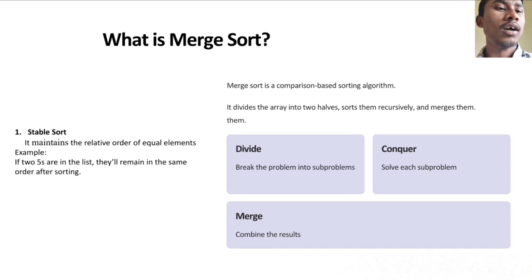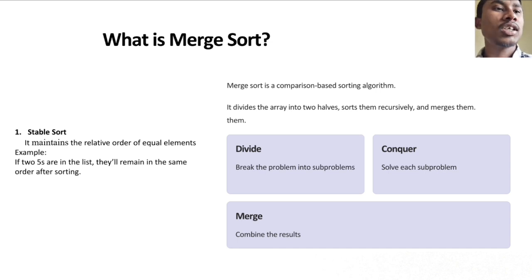And conquer means solve each subproblem. When we divide the problem, then we solve the divided subproblems separately. Then merge means combine the results. When we solve these subproblems, we combine the results of these problems, and finally we get the sorted elements.